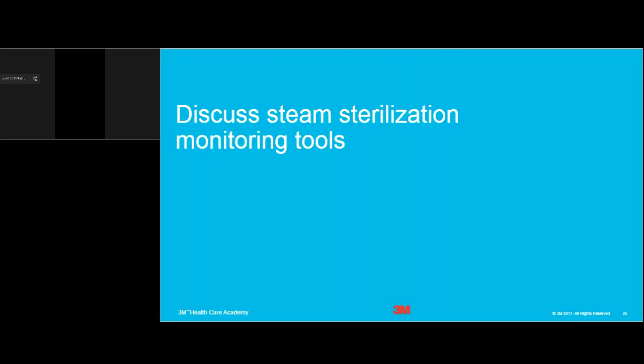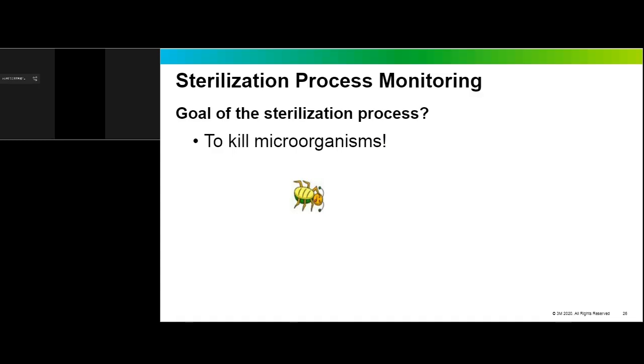So that takes us to our next learning objective of talking about our available sterilization monitoring tools. So sterile is defined as the absence of all viable microorganisms. The goal of the sterilization process, of course, is to kill any bugs that might still be contaminating your cleaned instruments.